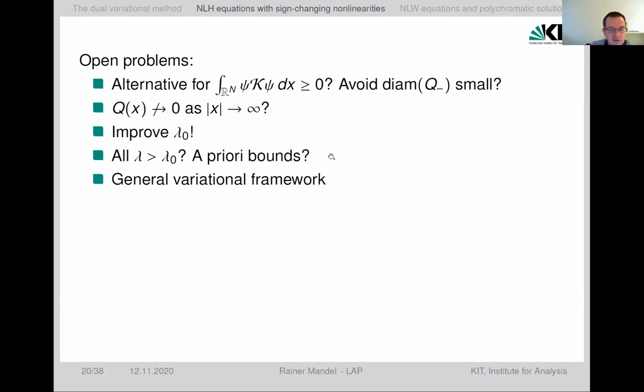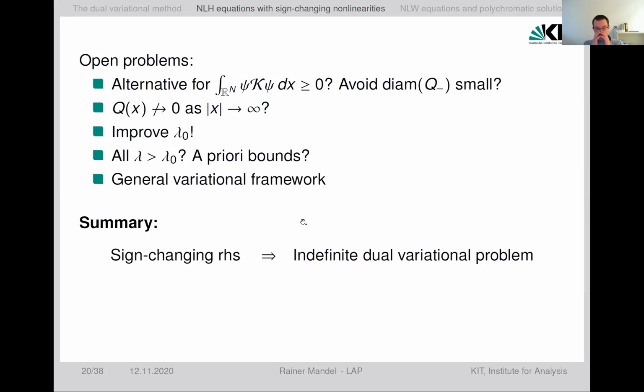And finally, is there a general variational principle or a general variational framework in which we can put our assumptions? Because we only carried this out for the nonlinear Helmholtz equation, but I think it could be useful also in more general contexts.